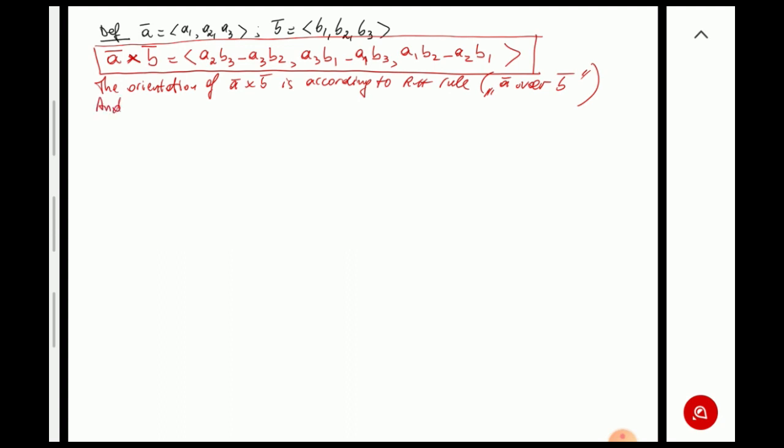And the magnitude of A cross B, because remember, you can choose any magnitude you want.